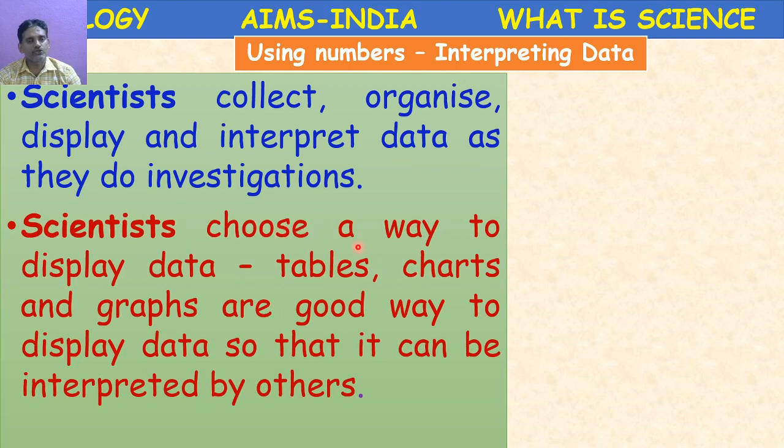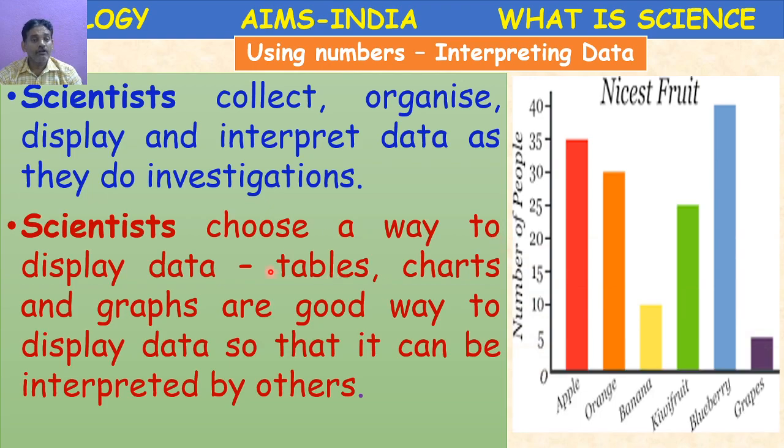Next, scientists choose a way to display data. The data can be displayed in different ways: in the form of tables, charts, and graphs. These three are good ways to display the data so that it can be interpreted by others.